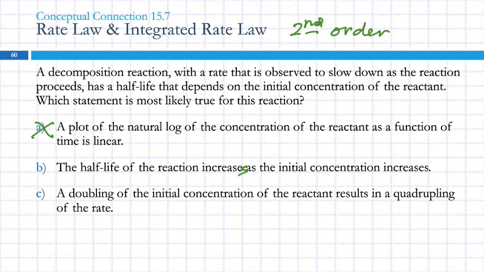A doubling of the initial concentration results in a quadrupling of the rate. Is that true for second order? Yes. So I know that this is true. So a really good guess is that this relates to the 0 order. C. Any questions?